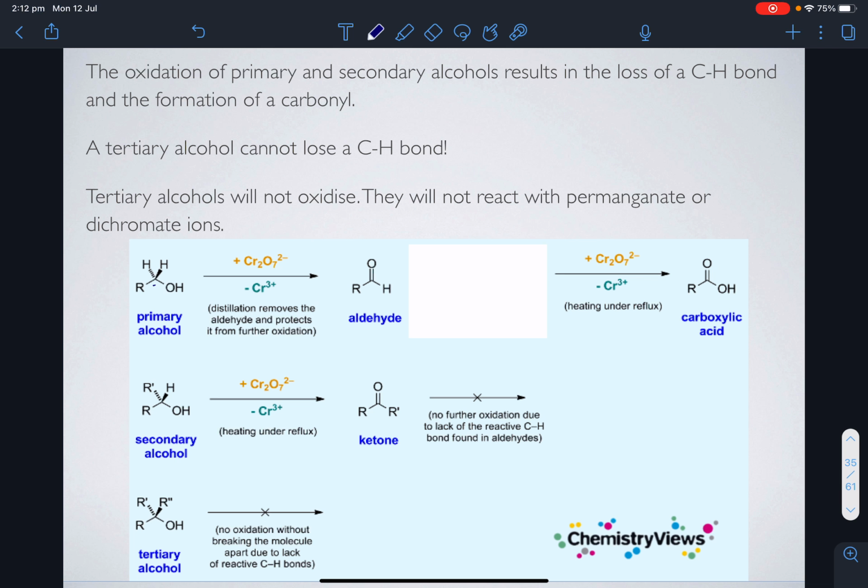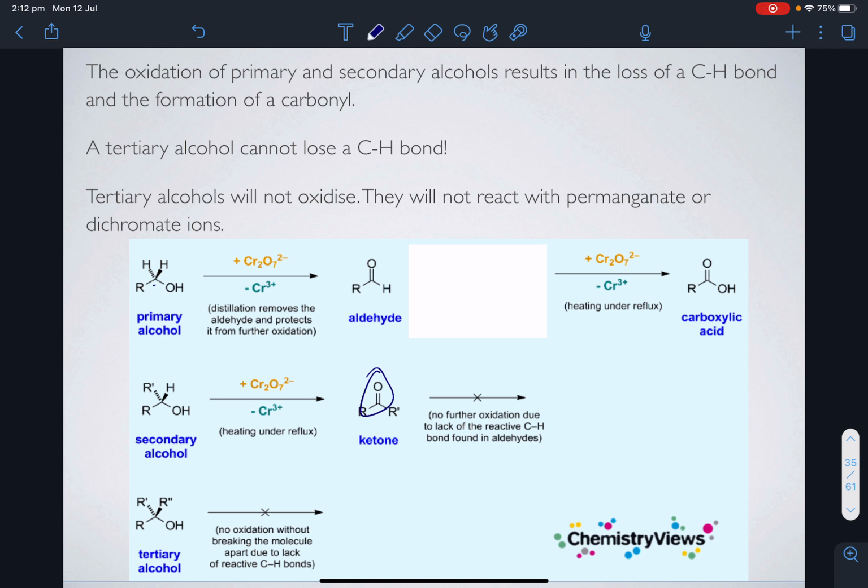So it's losing some bonds, but it's making more bonds to oxygen. And finally, to go to carboxylic acid, it's totally bonded to oxygen. With a secondary alcohol, it's also doing the same thing. It's getting rid of the oxygen-hydrogen bond and any carbon-hydrogen bonds and just forming bonds with oxygen there.